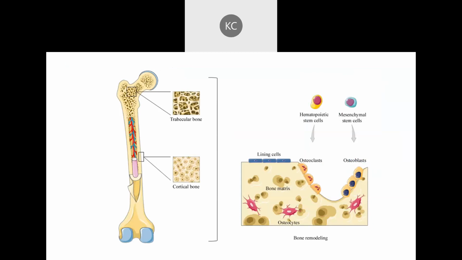You can see here we have these cells: osteoclasts, osteoblasts, osteocytes. You notice that the osteocytes are more embedded within the bone. And again, you have these different parts to the bone. You have what's called an organic part of the bone, and you have what's called an inorganic part of the bone.